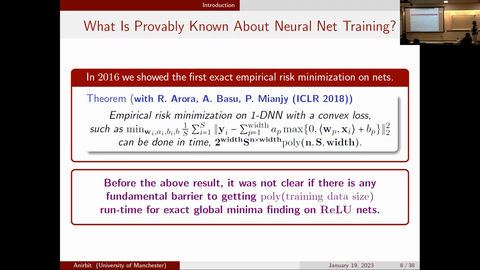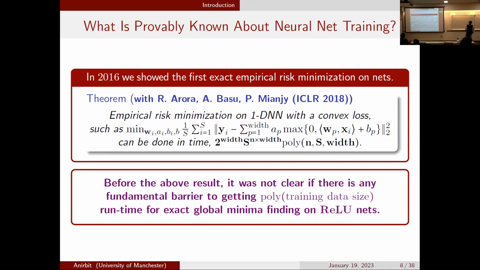This is a non-convex empirical risk minimization problem, and we were able to show that it is exactly solvable for every data, every width, in a runtime which is exponential in width, polynomial in the training data size, and also exponential in the input dimension.